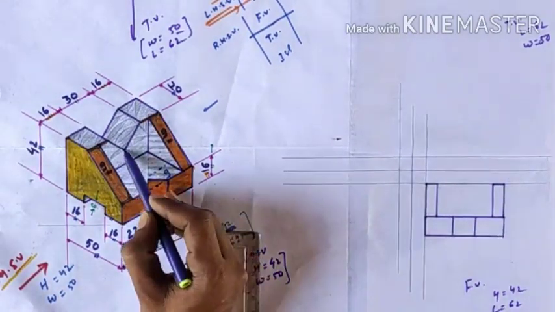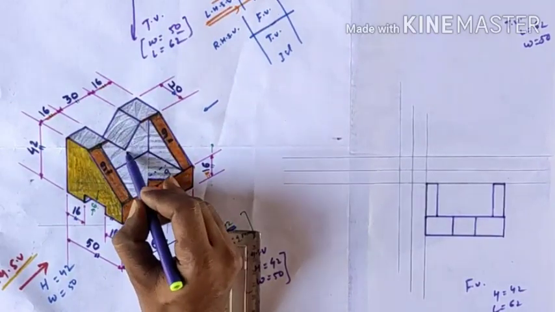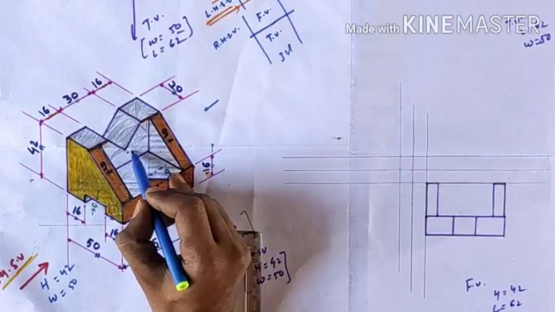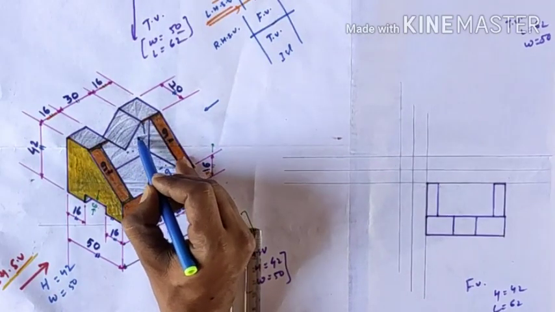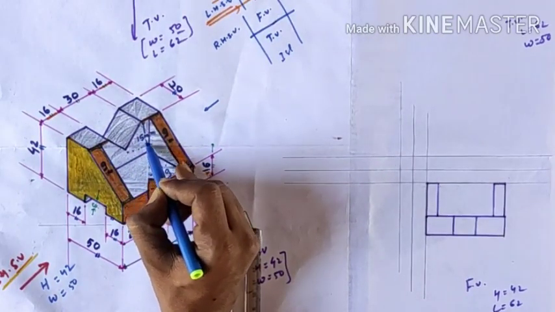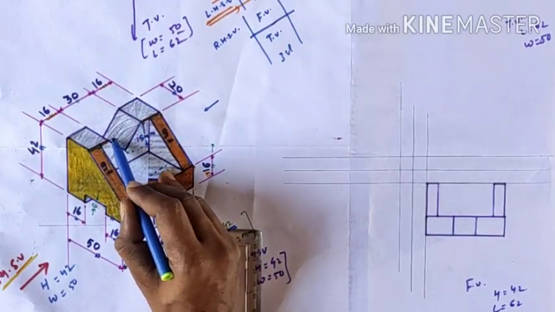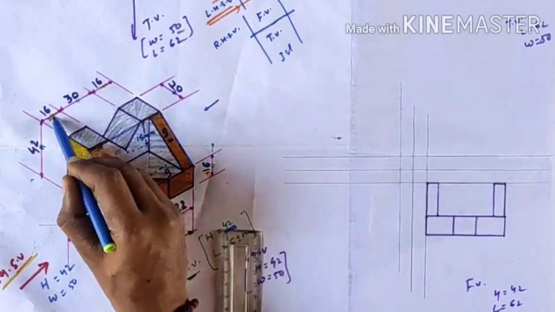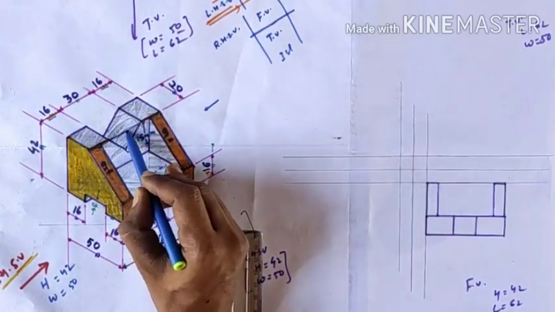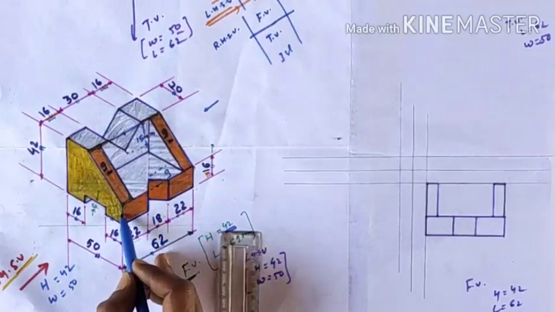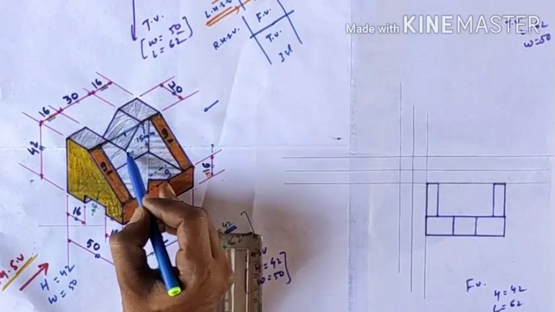Now let's talk about here. What is the dimension of it? Here I put the dimension. This is 15 mm from the center. Here it is 16 and the remaining is 30, so half is 15. Marking 15 here, and from here according to the height we mark the length of 15.